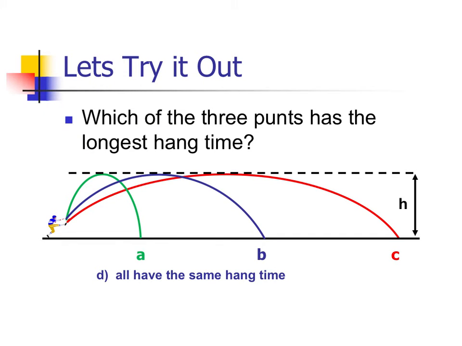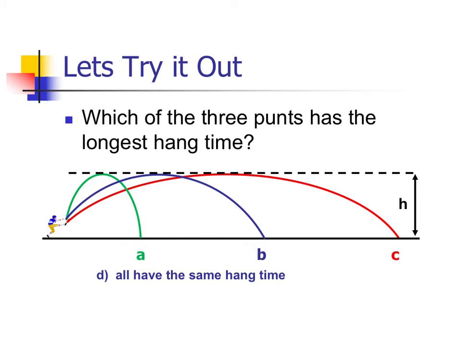So, which of these three punts has the longest hang time? Make sure you look at the diagram to help you answer the question. It is a common misconception to think that because C has a longer projectile range, so to speak, than B or A, it's in the air longer.